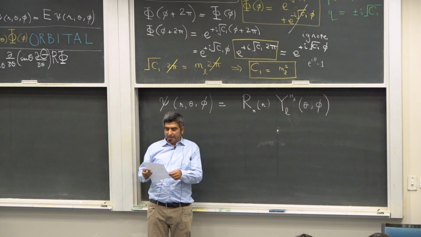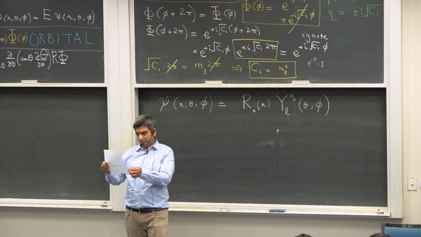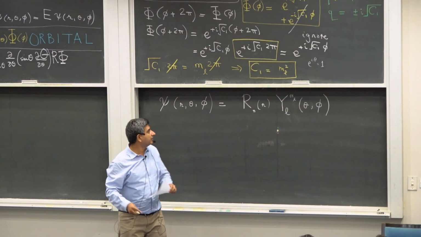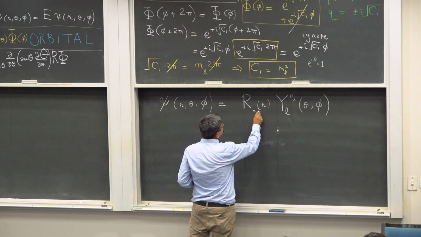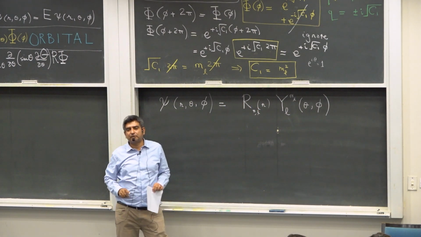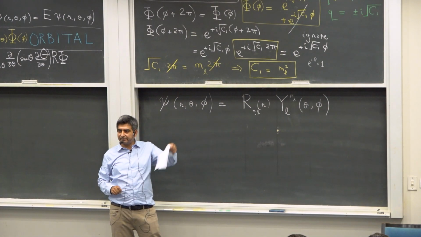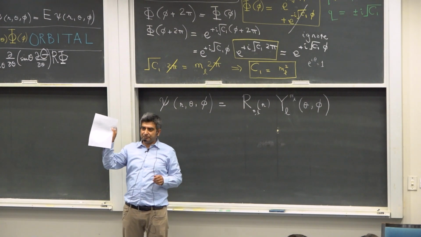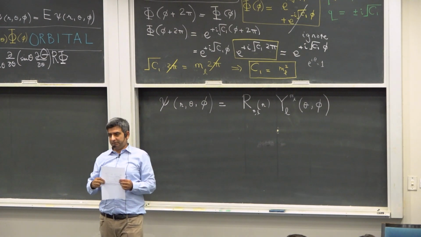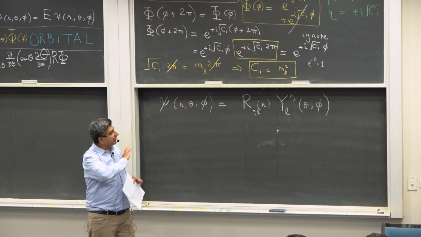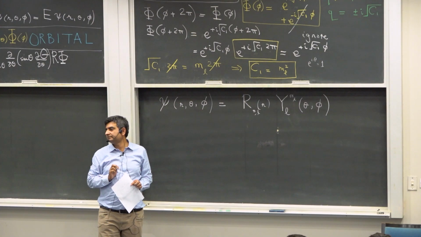Alright? And in table 13.2, this R depends upon both N and L. Alright? R depends upon N and L. So these are two tables that are provided to you. For example, first of all, we decide what these wave functions are called: orbitals.